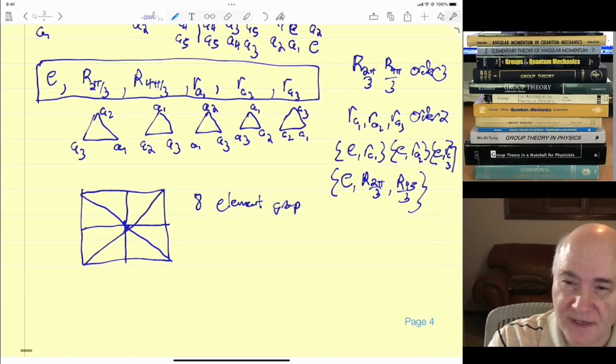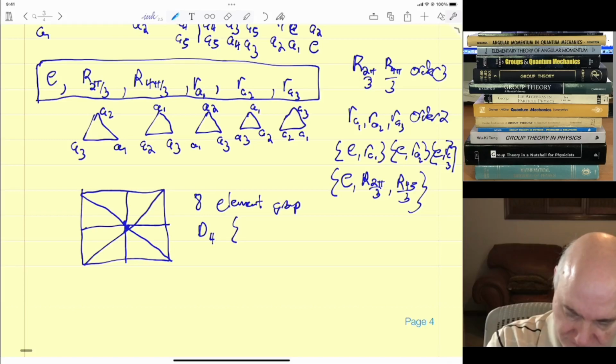And there are several groups of 8 elements, and I don't want to cover them all. There's a quaternion group of 8 elements also. But in this case, this is the dihedral group of 8 elements, which is D4, and it consists of the identity, rotation of pi over 2, rotation of pi, rotation of 3 pi over 2, and then reflections.